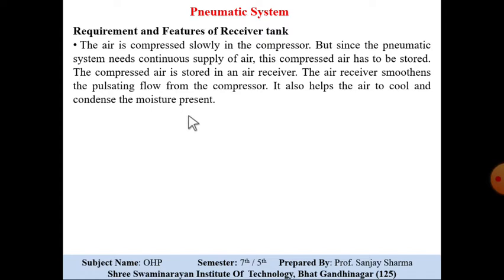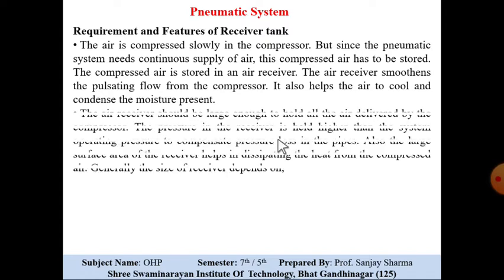The main reason for providing it is that the moisture condenses, and we get it in the form of water at the bottom part. The main requirement of the receiver tank is the continuous air which we require for the pneumatic system, and that is provided by the receiver tank.